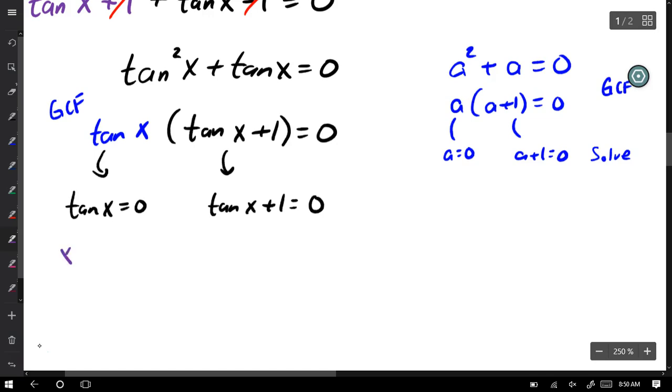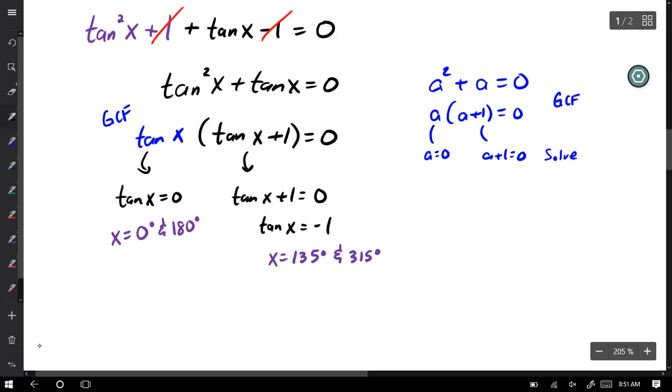In that case, it occurs at x equals 0 degrees and at x equals 180 degrees. For the next one, tangent of x plus 1 equals 0, so I solve for tangent of x, it equals negative 1. And if I go to the trig chart, I can see tangent of x equals negative 1 at x equals 135 degrees and 315 degrees.